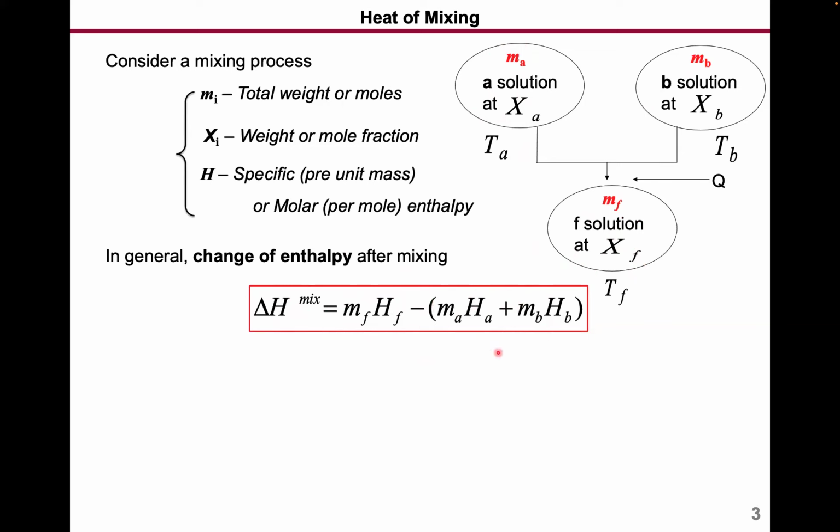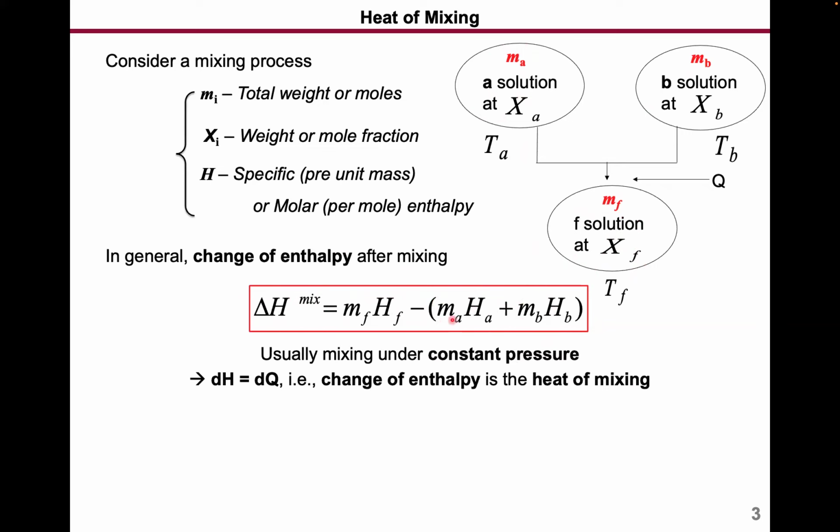Now, how does this correlate to heat of mixing, right? Remember, usually heat of mixing is under constant pressure. When you do this mixing experiment, we're usually just mixing them in open air, right? If you think about your solution as a system and your open air as the surrounding, the atmospheric pressure, so the pressure of your system is always constant, right?